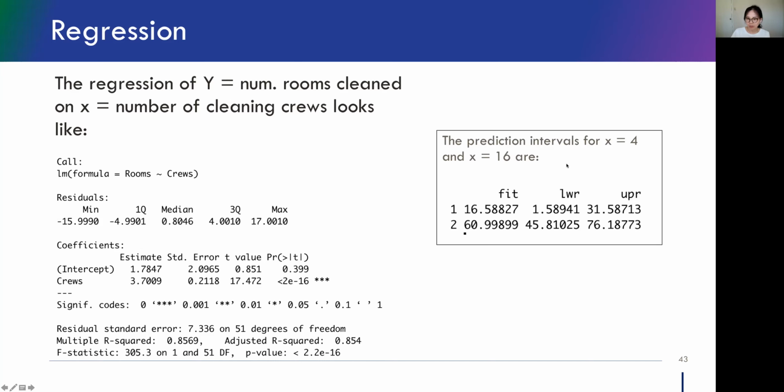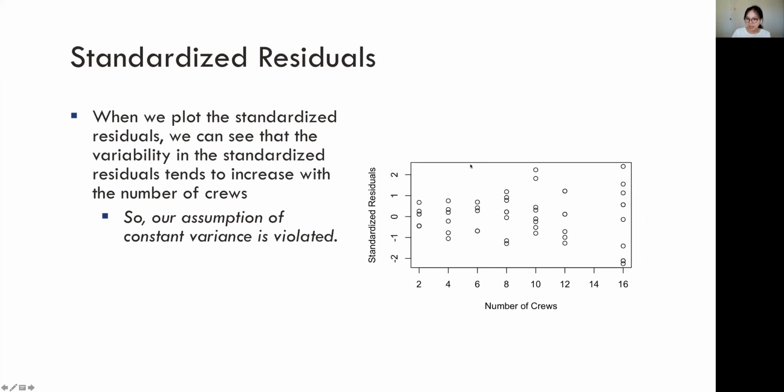I put them on the same slide. For the prediction based on this model, using predict with the interval argument set to prediction, you will get the prediction interval for the new data, and we'll talk about that. Okay, let's start from the beginning. How do we check the model?